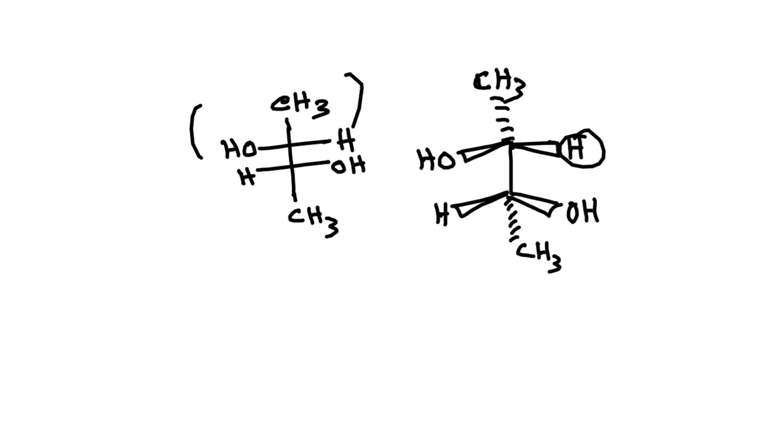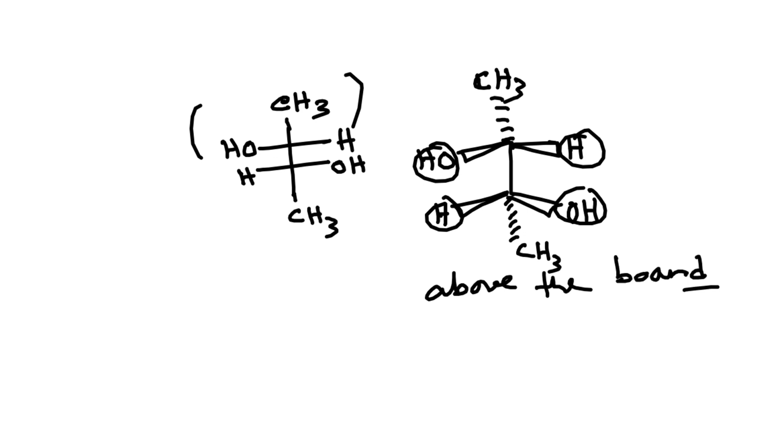So these four are above the board, whereas these two are below the board, right? This is the representation of a Fischer projection formula.